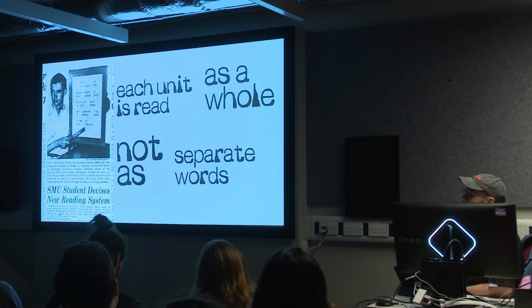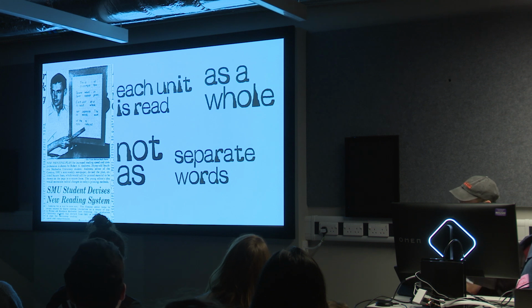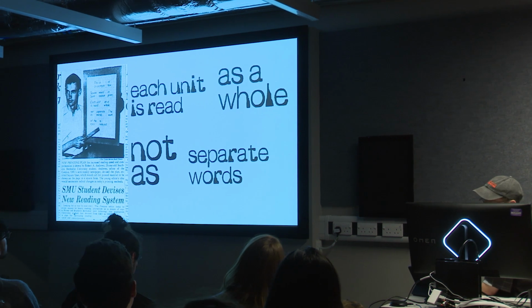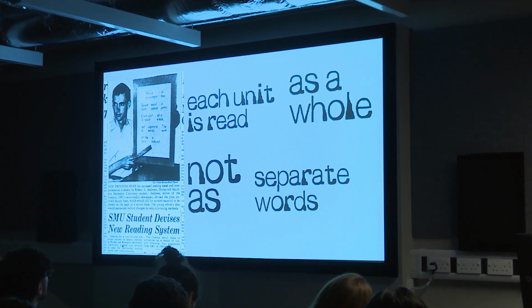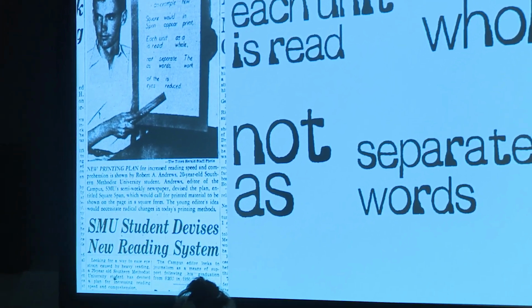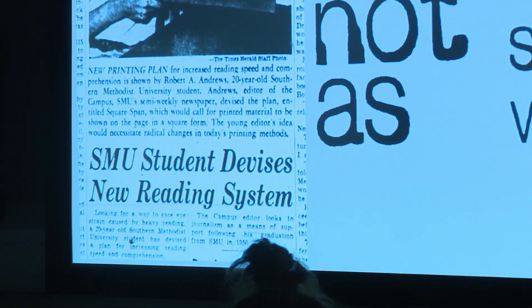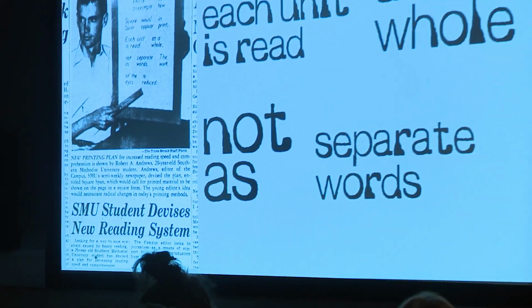I've researched other novel typographies. This one is called square spans, invented in 1940 by an American college student. This method of chunking sentences into their constituent meaning units anticipated a screen-based reading in which page space would no longer be constrained by the costs of material and labor.